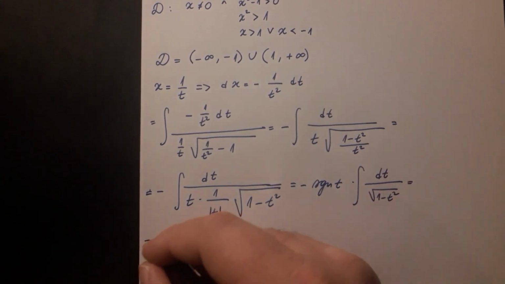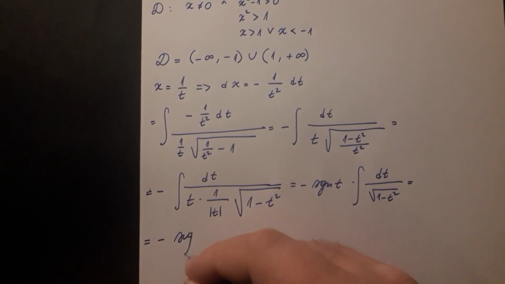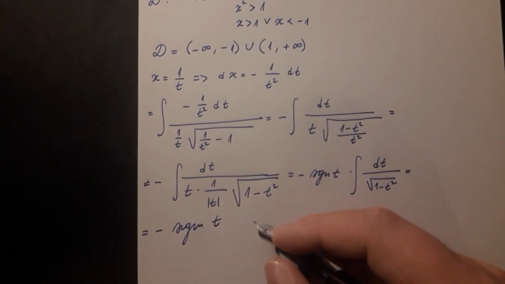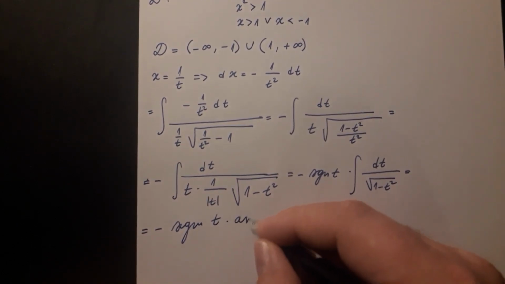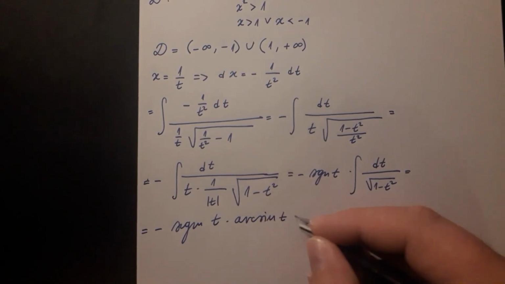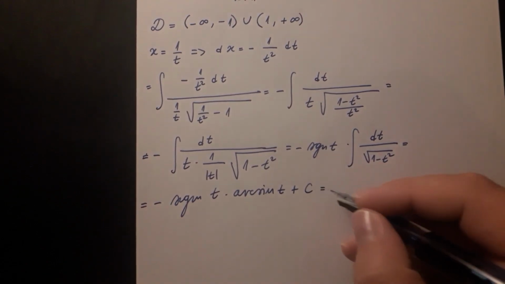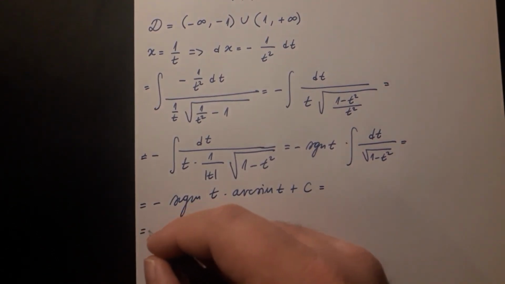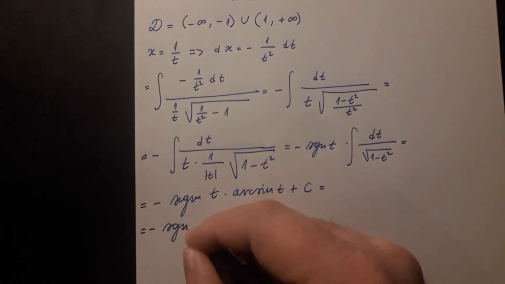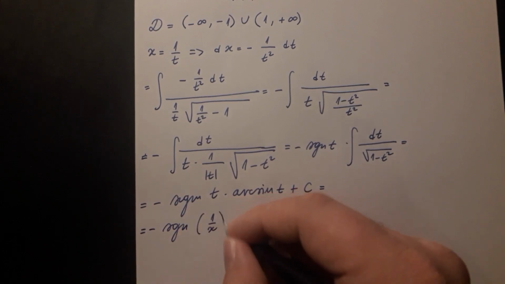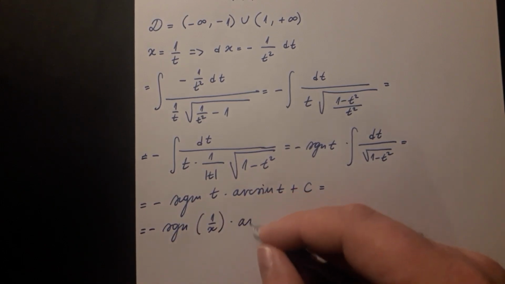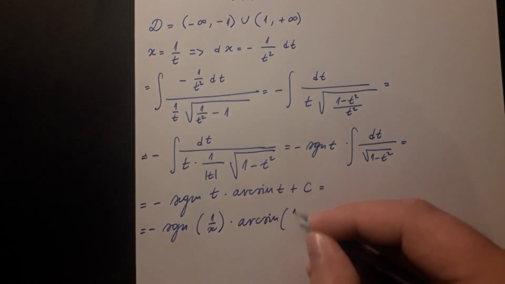This is equal to negative signum of t times arcsine of t plus an arbitrary constant c. When we return the substitution, we get negative signum of 1 divided by x times arcsine of 1 divided by x plus c.